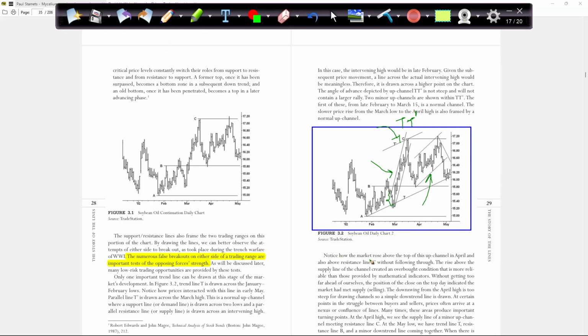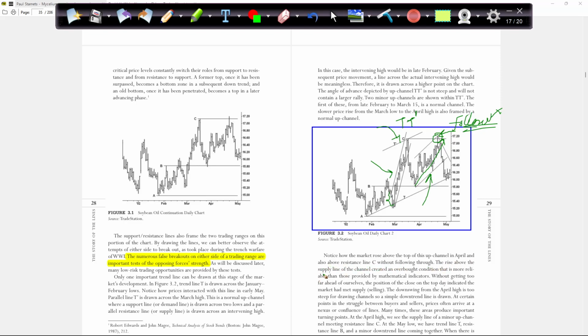Now notice how the market rose above the top of this channel in April and also above resistance line C, without following through.